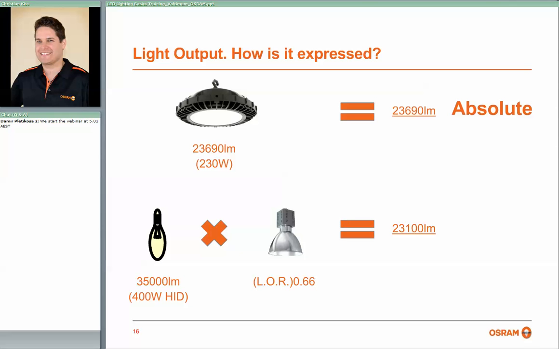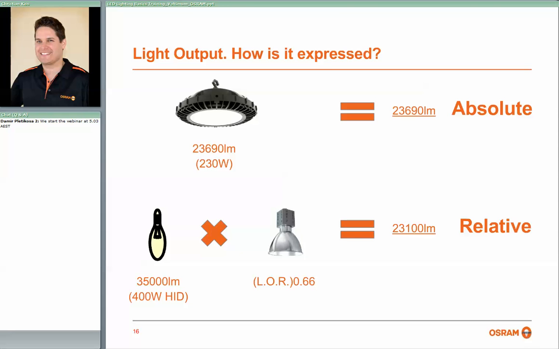So that's what we call relative photometry, which is important when you're considering different light sources, because with LED luminaires as a finished good, we no longer use relative photometry. It's absolute photometry, so it's measured as the light output through the lens of the actual fitting itself, and that's the lumen output that's quoted.